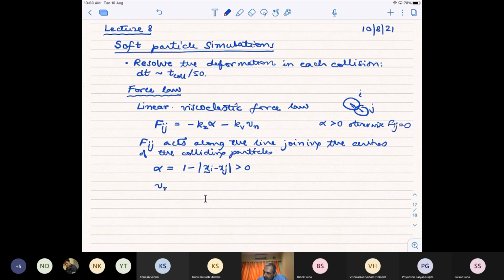And the other parameter there is the normal velocity. So this is Vi minus Vj dotted with xi minus xj divided by the magnitude of the distance.